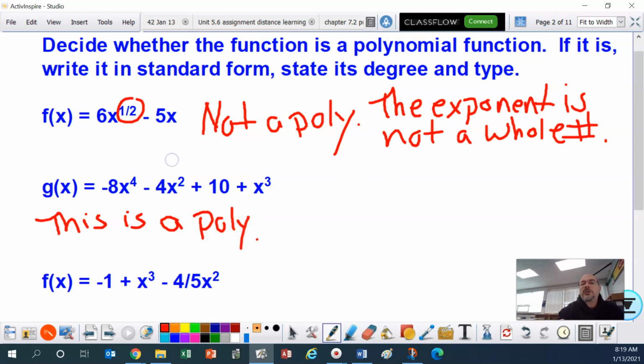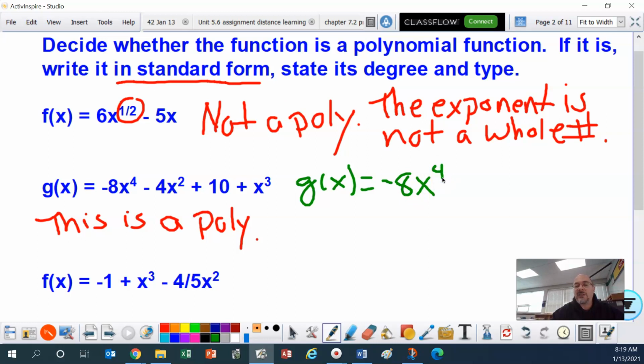Then it says make sure to put it in standard form. Standard form means highest exponent to lowest exponent. So we need to write g of x equals, highest exponent to lowest, so -8x to the 4th, then plus x cubed, then minus 4x squared, and then plus 10.